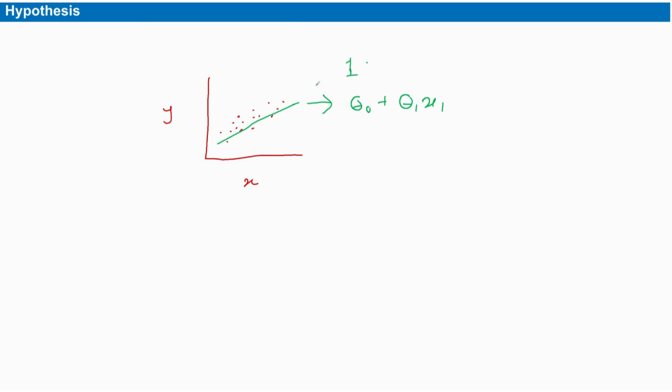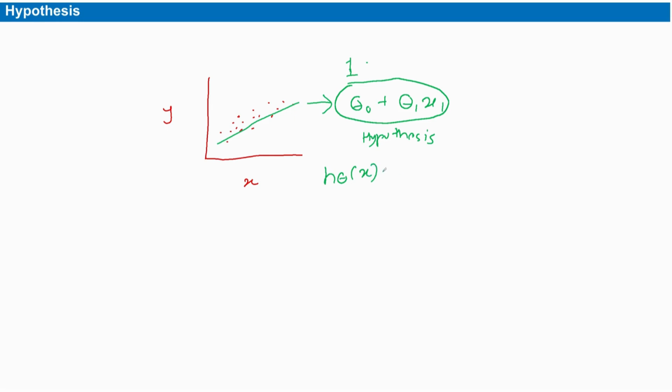This linear equation is our hypothesis, represented by h of theta of x.